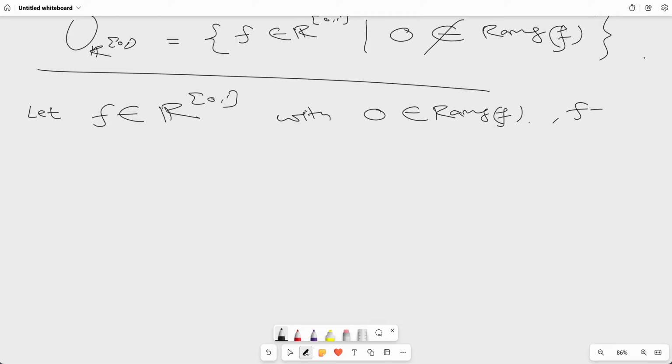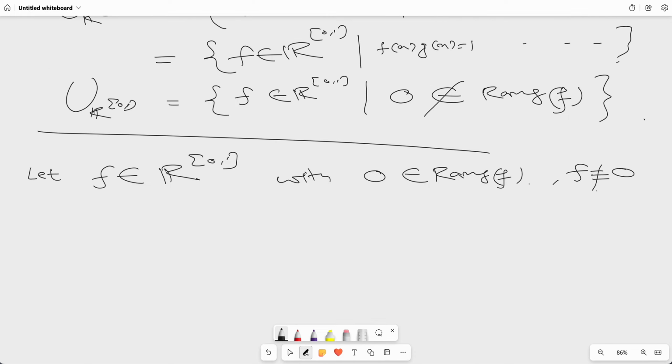Suppose 0 is not inside the range of f, this will be a unit. So what do you expect? If it is not a unit, that means it must be a 0 divisor, I guess.